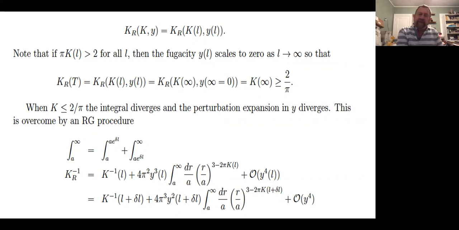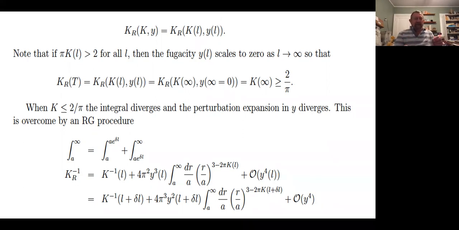Now, in this particular case, if we're below TC, we know that this parameter Y as a function of the scaling parameter L does scale to 0 as L goes to infinity. In other words, no vortices. So this is equal to the same function of the coupling constant at L equals infinity and the fugacity at L equals infinity. But if we're below TC, the fugacity at L equals infinity is equal to 0.